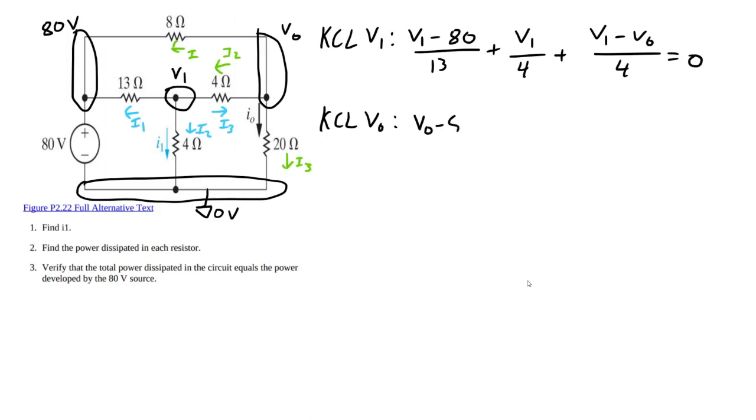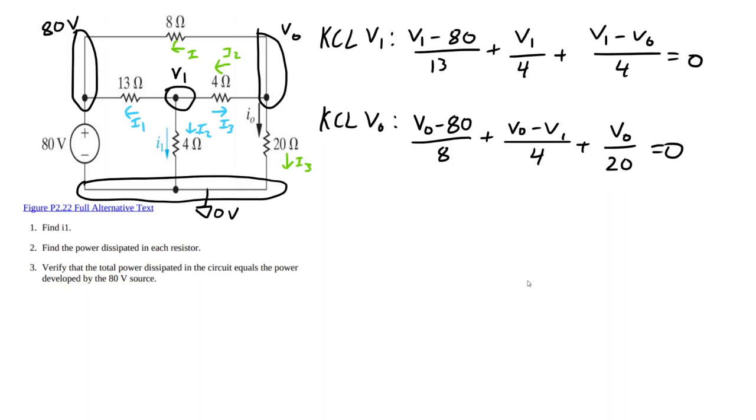So V0 minus 80 divided by 8. And then we have V0 minus V1 divided by 4. And then V0 minus 0 divided by 20 equals 0.